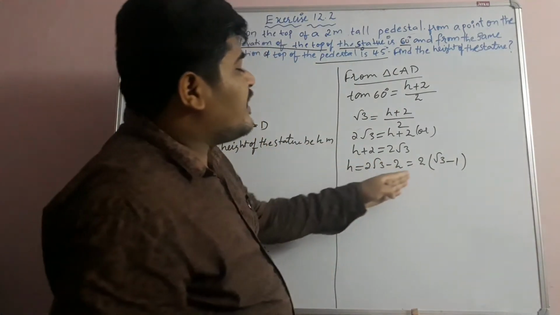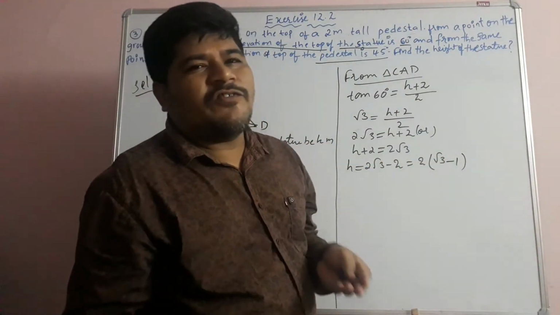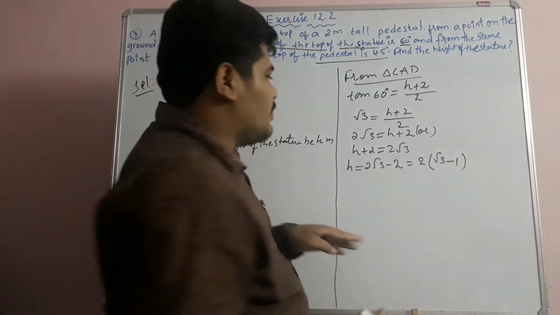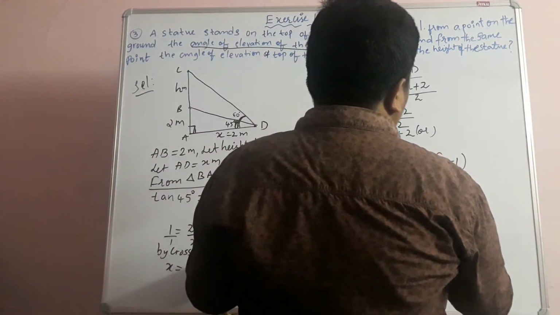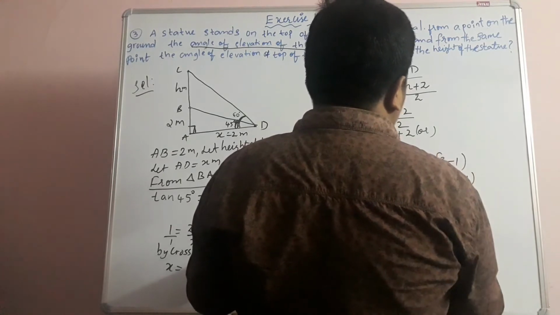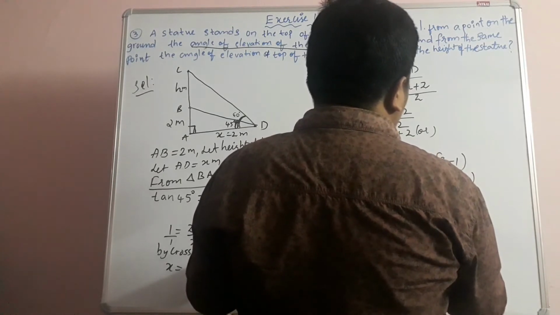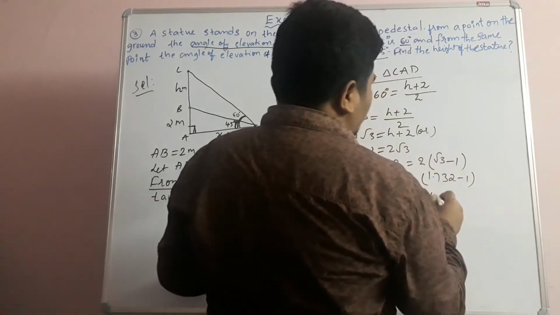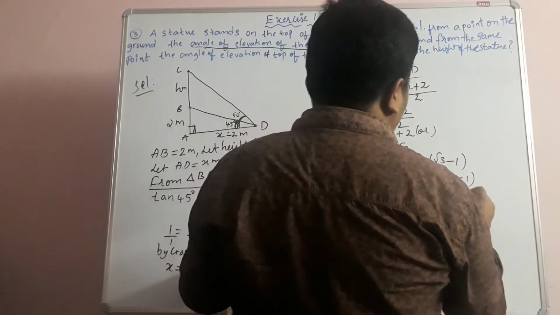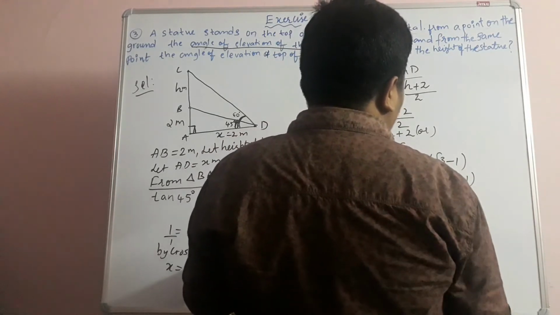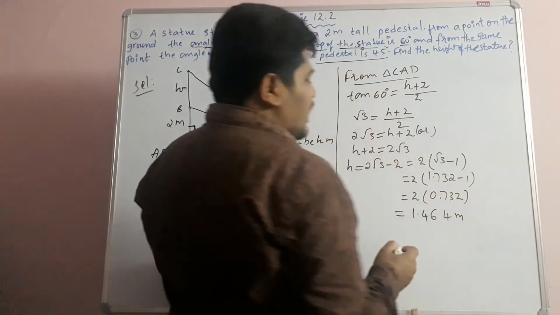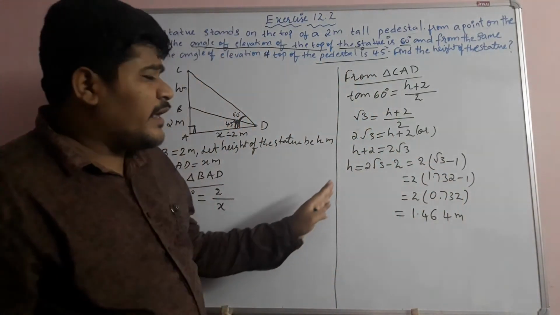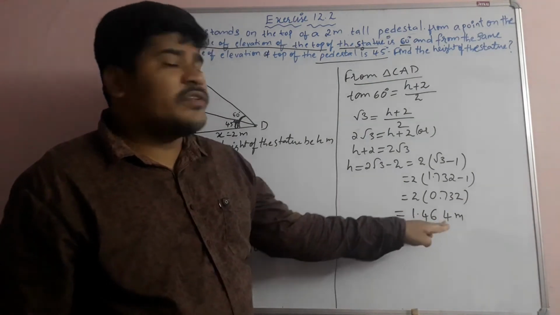If not, we can take the value of root 3. What is the value of root 3? 1.732, right? So 2 into 1.732 minus 1. The value is 0.732, and we need to multiply it with 2. So children, 1.464 meters. So the H value is 1.464 meters.